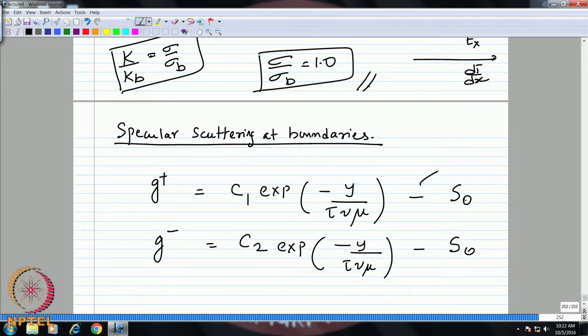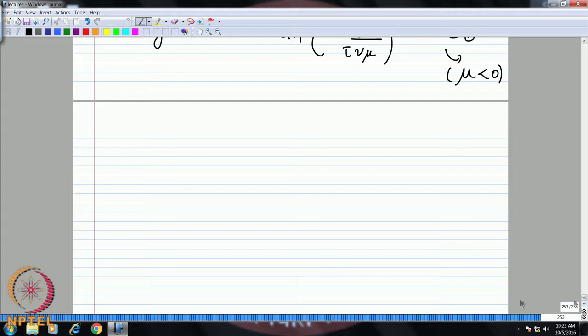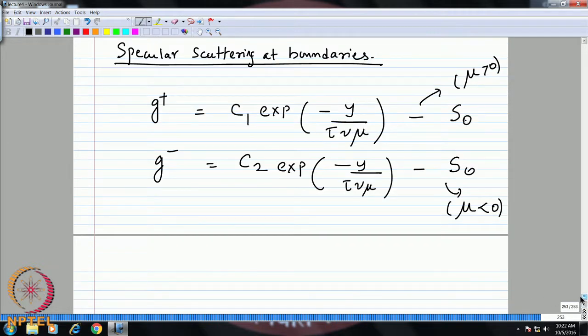So, this is for the case where mu is greater than 0, and this is for the case where mu is less than 0, this direction cosine positive and this is the downward direction. Now, all that we have to do is specify the boundary condition for specular scattering.